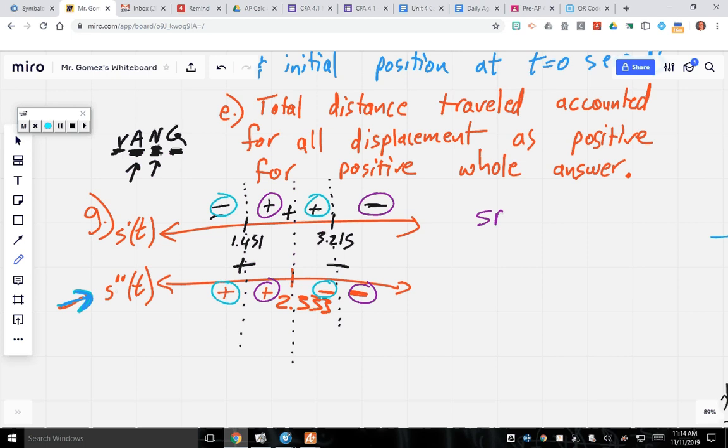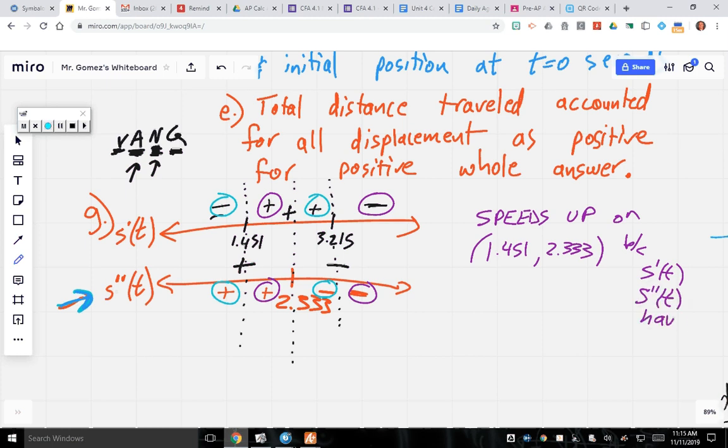So let's say it speeds up on 1.451 to 2.333, because S prime and S double prime have the same signs. And yes, this would be union with 3.215 to infinity.